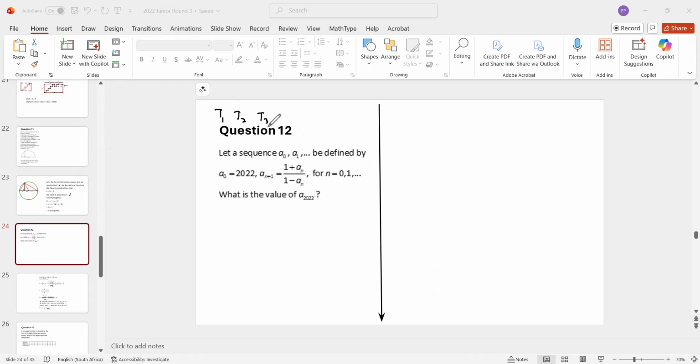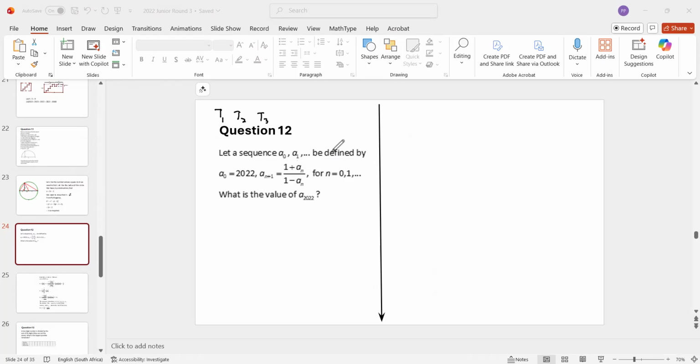When you do arithmetic sequences and geometric sequences, you use that symbol. But in this case, they are using the symbol A0, but this doesn't represent the position of the term. A0 is the first term, but the 0 does not represent the position of the term.